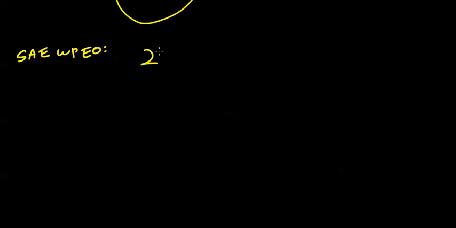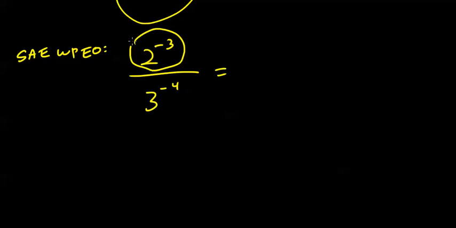If I've got 2 to the minus 3 power divided by 3 to the minus 4th power, what am I going to do? Very simply, I can apply Rule 6 and move this downstairs to the denominator level as a factor and change the exponent sign. That's what Rule 6 says.